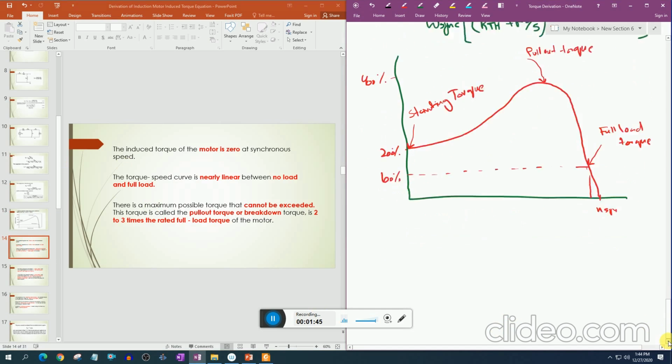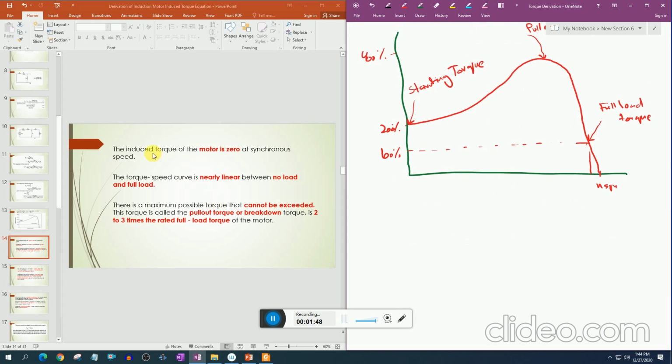From this figure, the number one point is that the induced torque of the motor is 0 at synchronous speed. This is the synchronous speed, and at this point the induced torque is 0. That's why the rotor of the induction motor will not run at the synchronous speed.